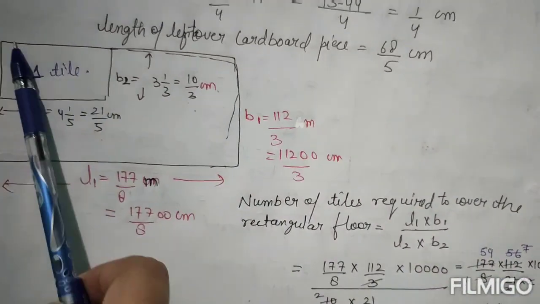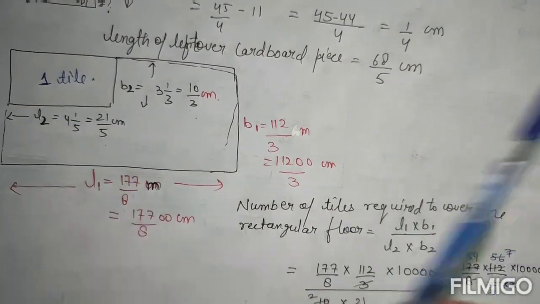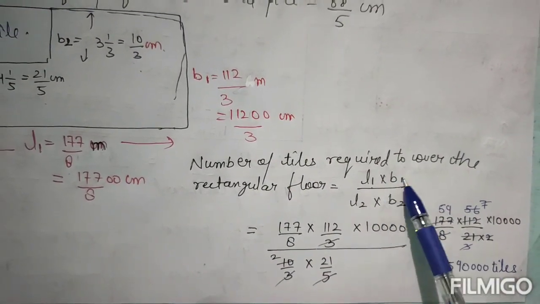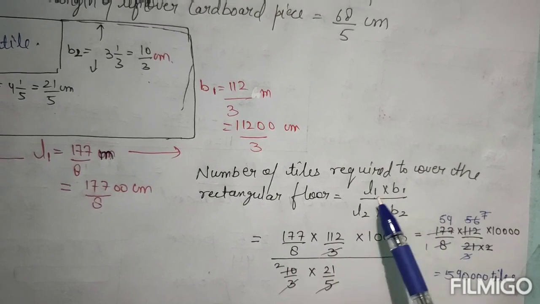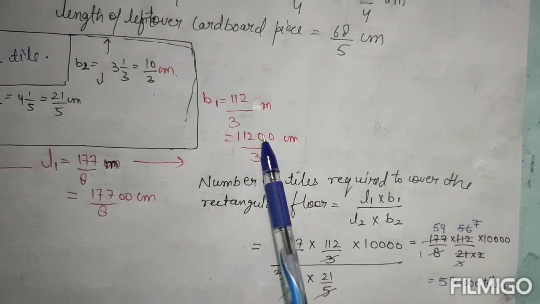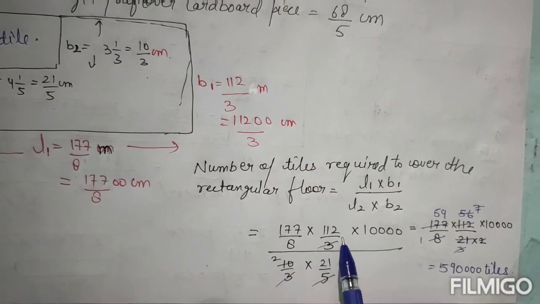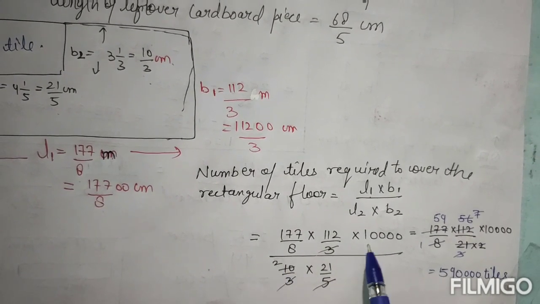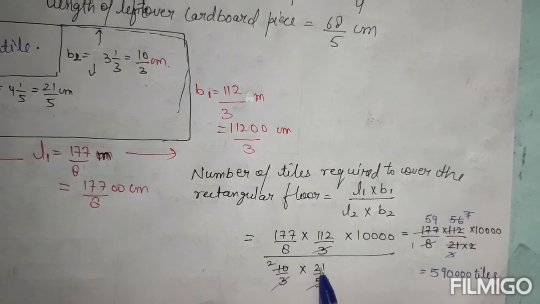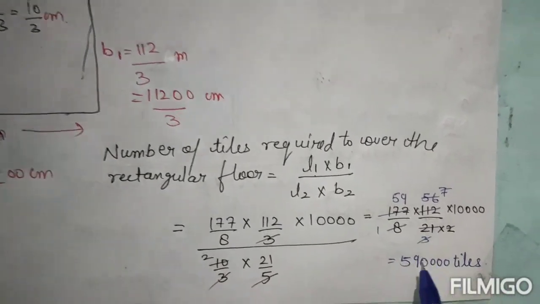So I have told you how to find it: area of the whole rectangle divided by area of one rectangle. So the area of the whole rectangle is L1 B1 and of one tile L2 B2. Now this 100 I have written on one side, and now solve it. Look, 3 will be cancelled out, 5 2 times, and now 177/8 multiply 112, and this 2/22 it will be here. Now solve it carefully.